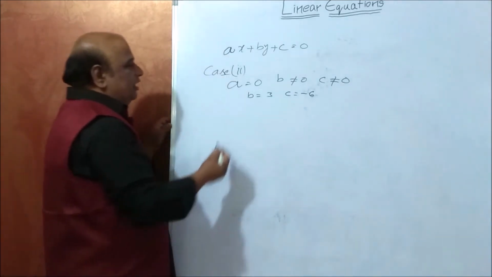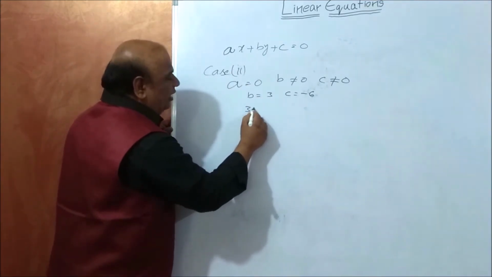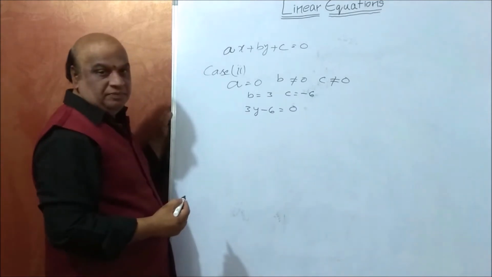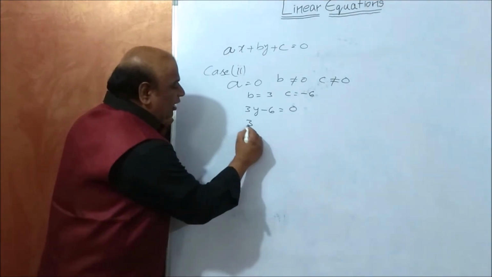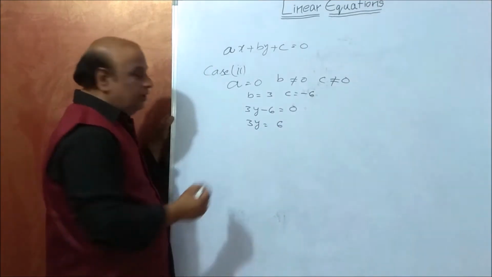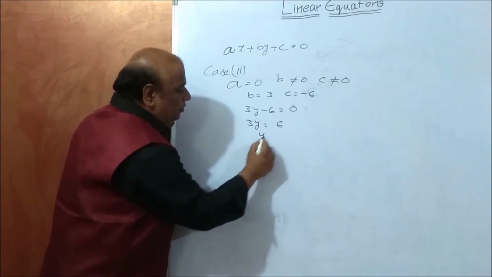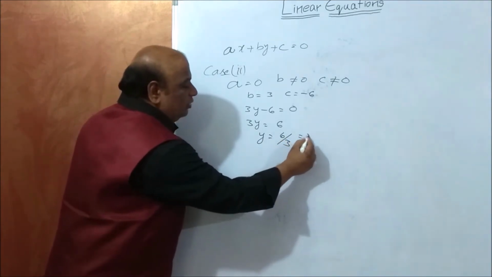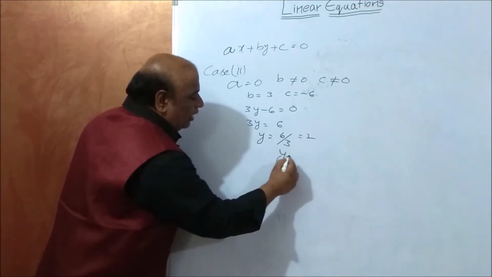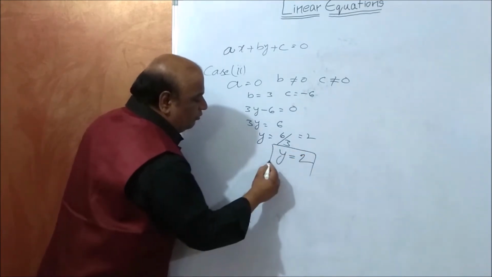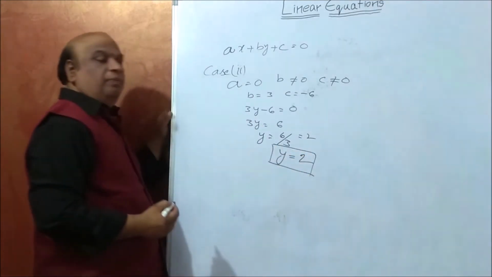Now the equation is 3y minus 6 is equal to 0. 3y is equal to 6. Y is equal to 6 by 3, so we are taking y is equal to 2.